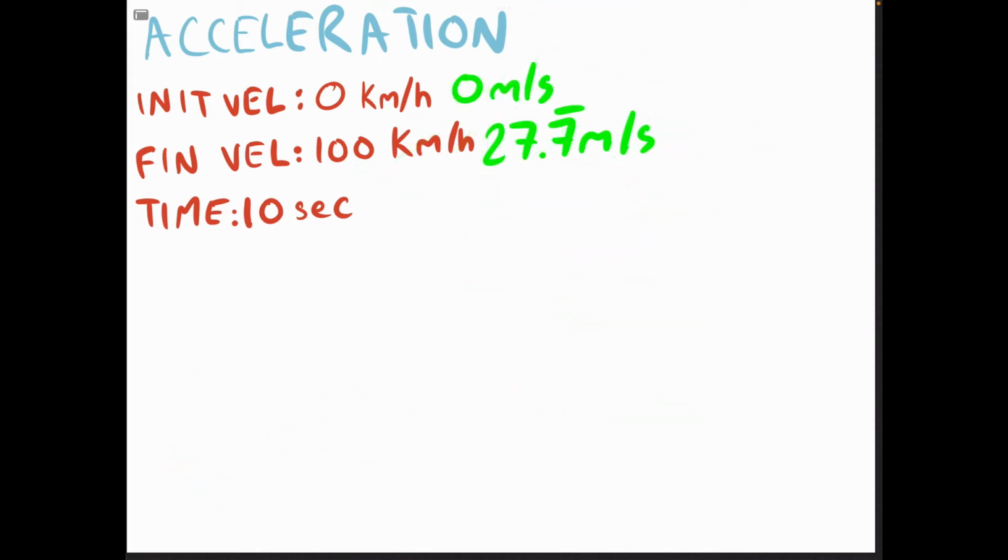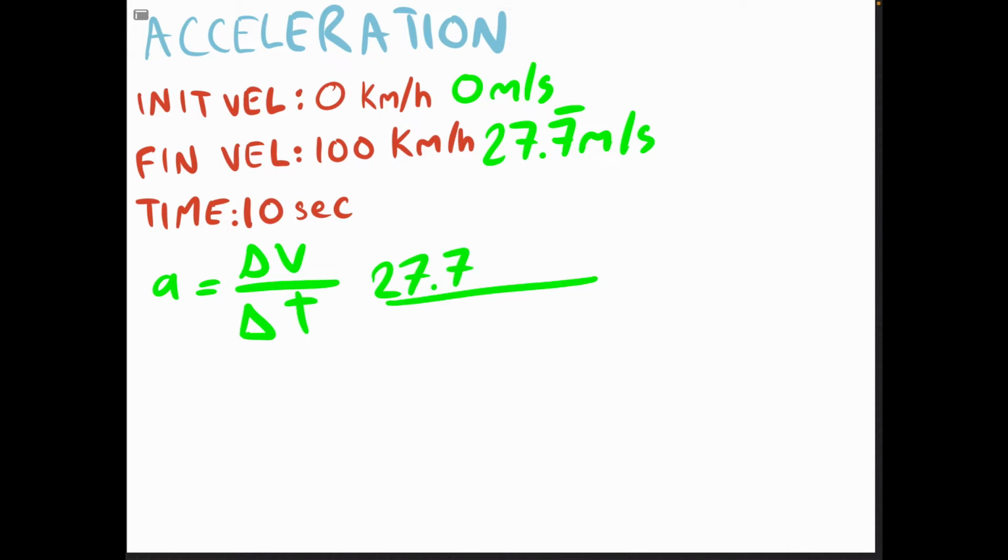Okay, then we're going to be wanting to plug what we know into the formula for acceleration, which is the change in velocity over the change of time. So we have the final velocity minus the initial velocity, which is 27.7, minus 0, which does not mean anything in this case.